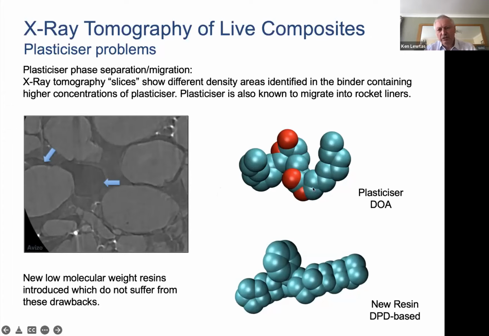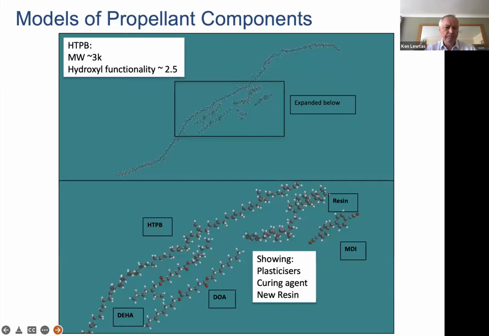This is a model, the top one of the plasticizer, the dioctyl adipate. The new resins, we adjust the polarity. And in this case, we are adding an aromatic link in a stiff backbone. Actually, the backbone is dicyclopentadiene based. And to give you an idea of the sizes here, I hope you can see this. So the top is, if you like, the pre-polymer.